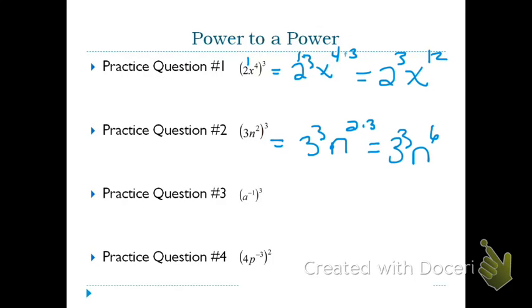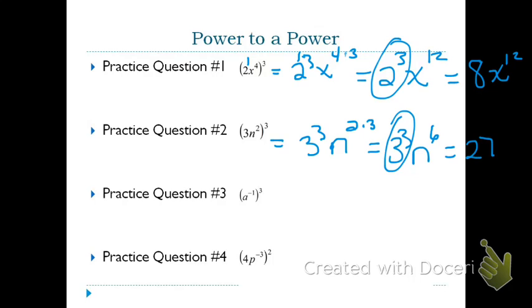Now later on, when they ask you to evaluate or solve the problem in your final answers, you will need to simplify the numeric exponents, not the variable exponents, you can't do anything more with those, but simplify the numeric exponents into standard form. So like 8x to the 12th. And 3 to the third, what is it? I think it's 27. n to the sixth.